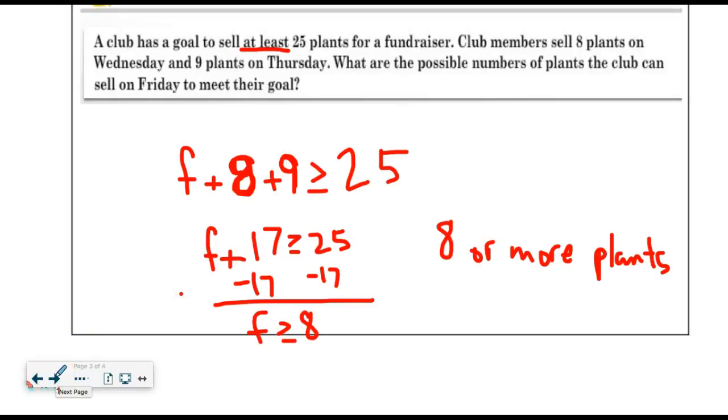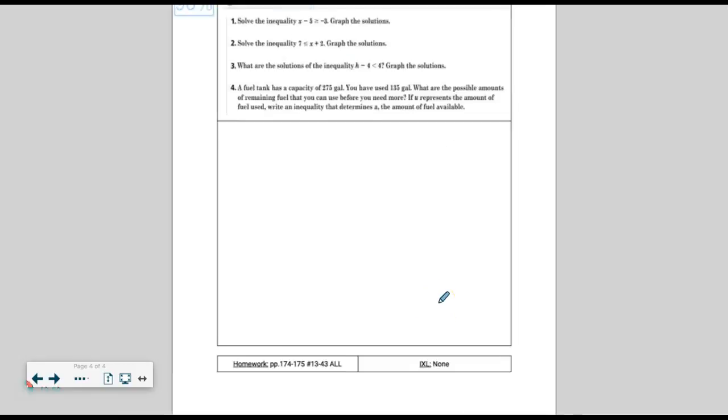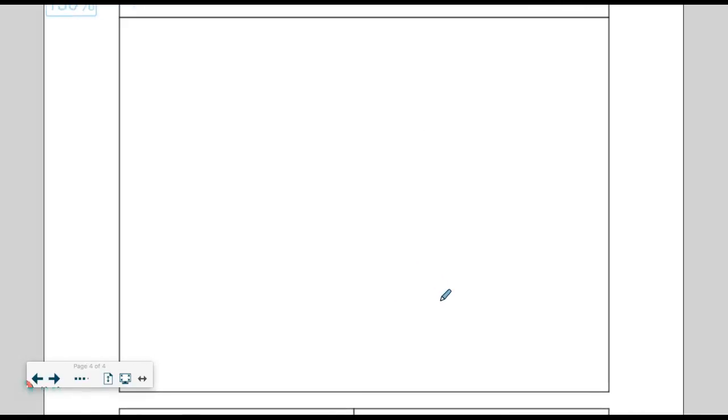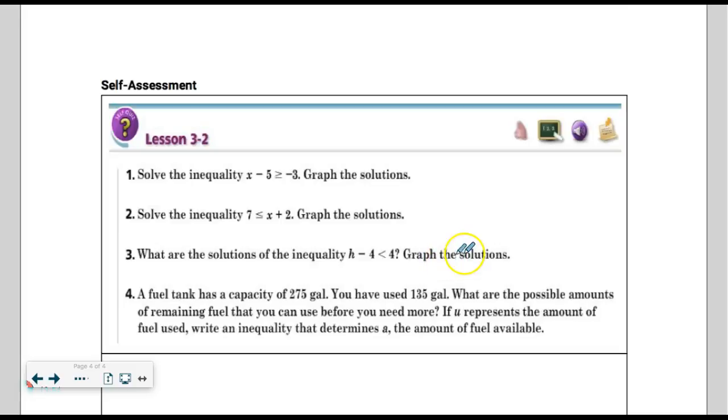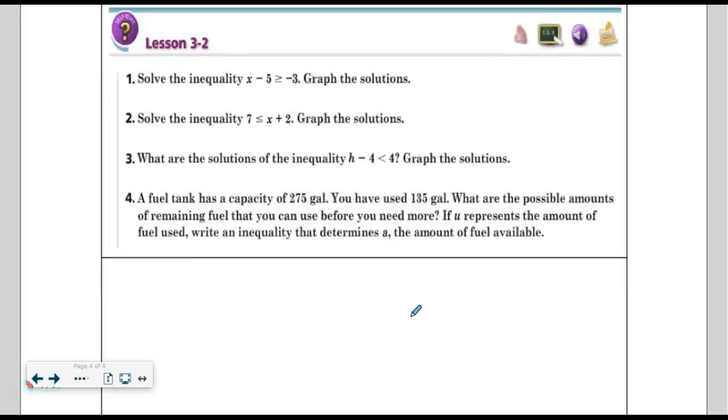Again, if you need to see that again or review anything, please feel free to rewind the video. Otherwise, you're going to have a few minutes to try some of these problems on your own. Let's see what we got here. Solve the inequality, graph the solutions. What are the solutions? Graph them. So basically 1, 2, and 3 are exactly the same, and number 4 is like that last word problem that we did.